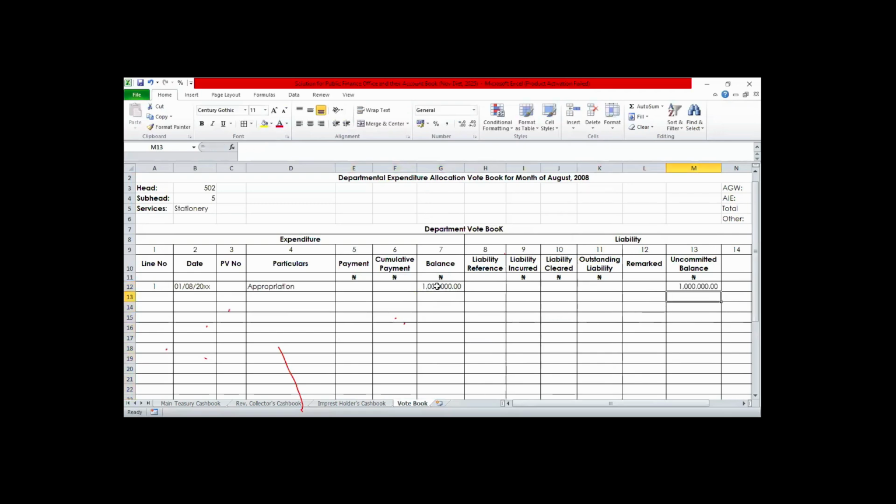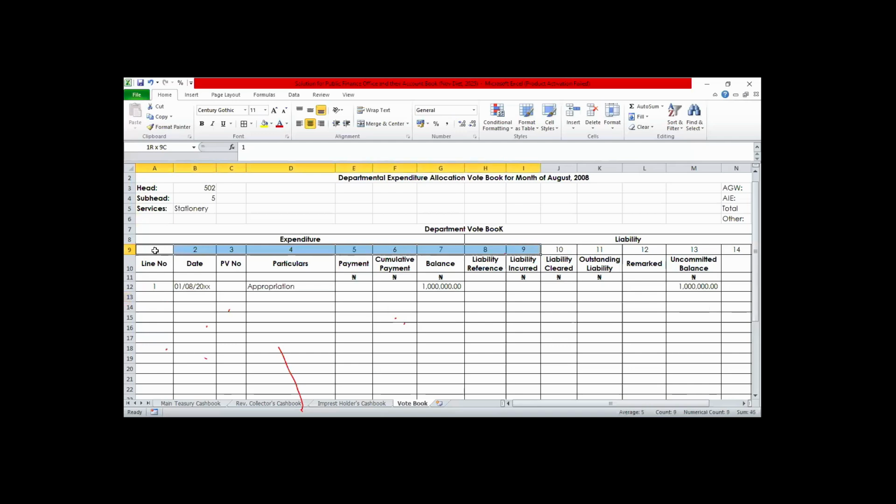Do you understand? That is the uncommitted balance, the money you have not touched at all. This is the balance you started with at the beginning of the month. Then, what are the other transactions we have there? After the appropriation, we have posted the appropriation. Then the next one is what?